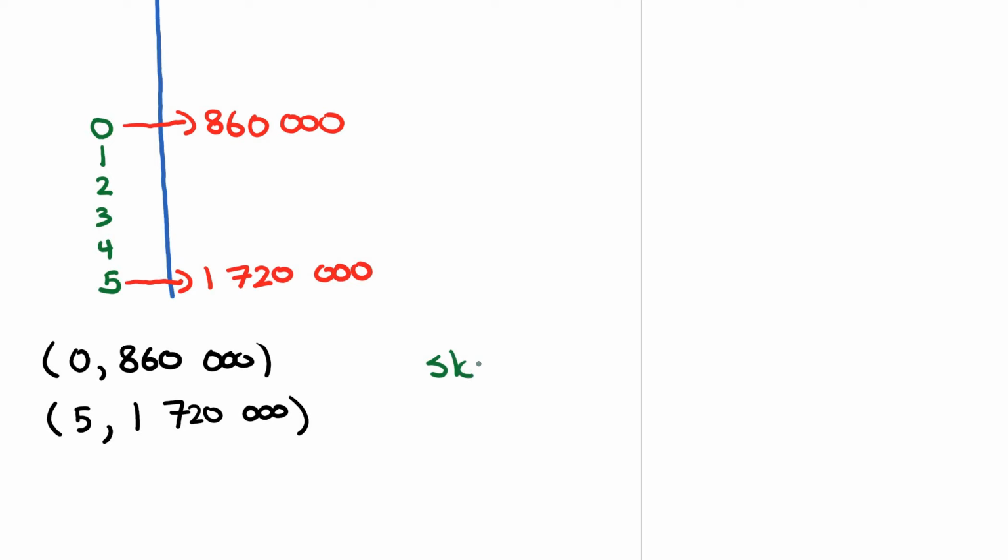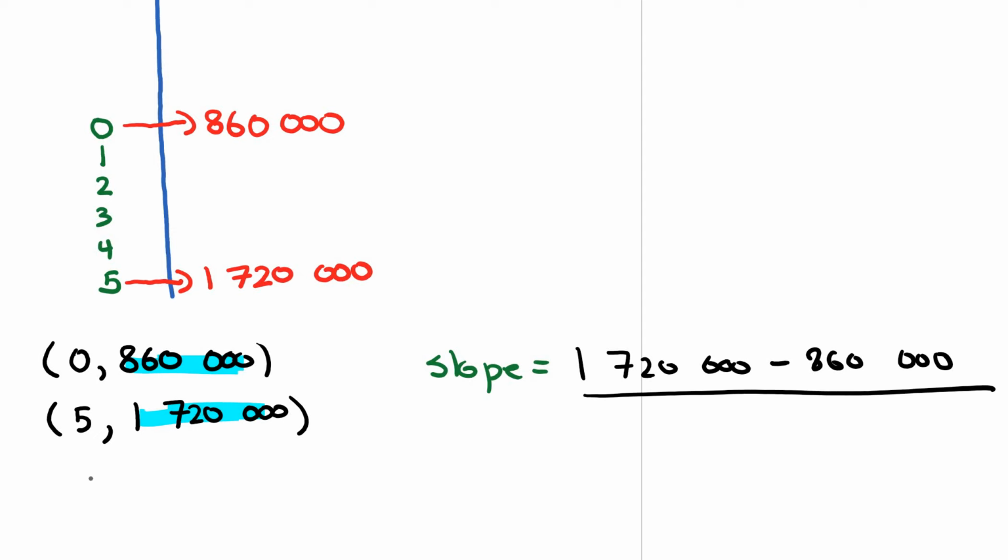Now my slope is the same thing as from the previous questions, rise over run, which is the difference in the y values. So here are my y values, so I will subtract those. So $1,720,000 minus $860,000 all over, and then I go from the 5 to 0, so 5 minus 0 on the denominator.